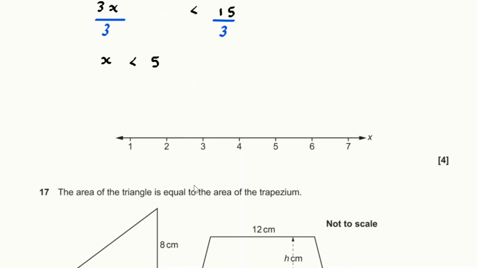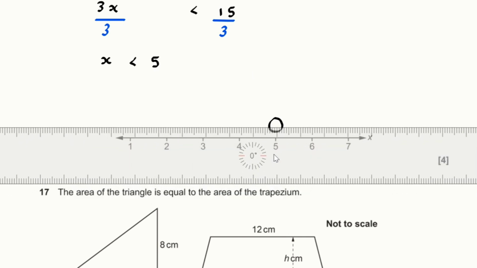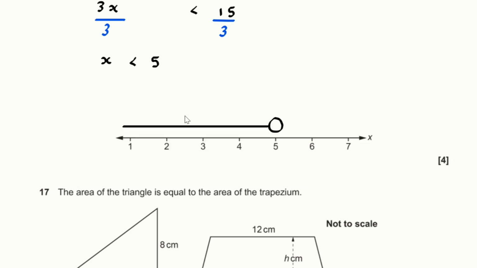So x is less than 5. So I draw a circle over here which is empty, and that's because of the inequality symbol shown. I want values of x less than 5, so I draw a line to the left, everything going this way. Here is the inequality shown on a number line.